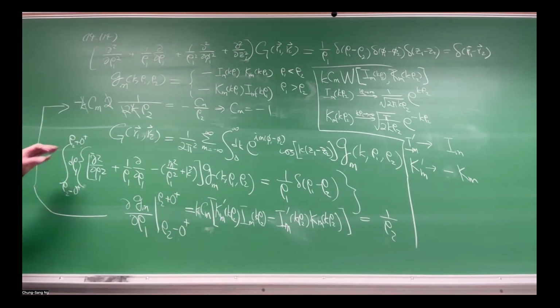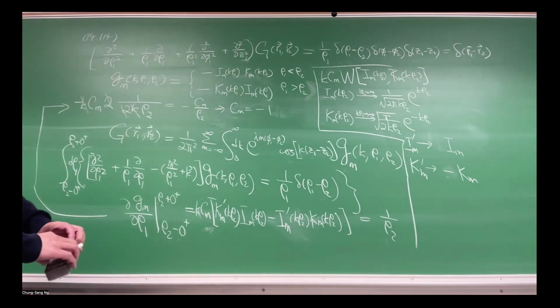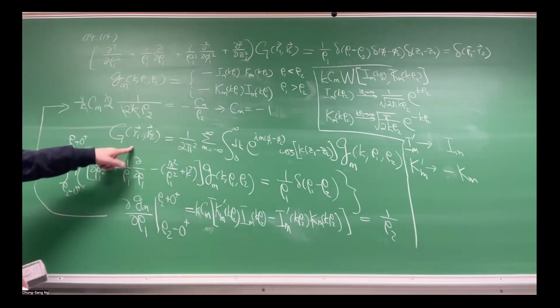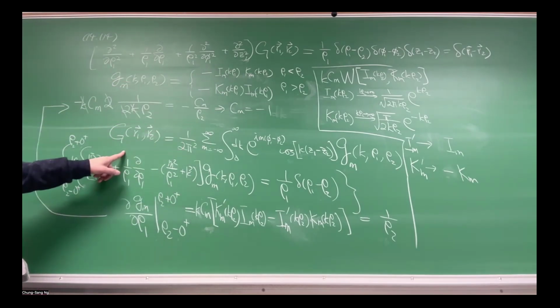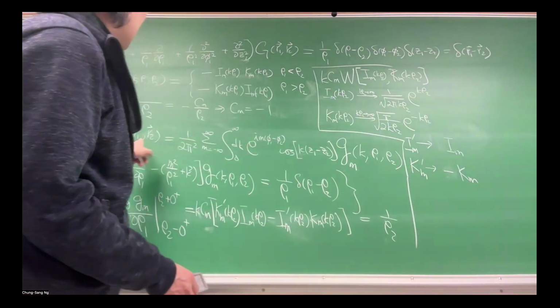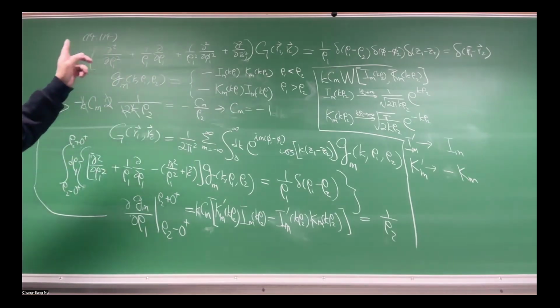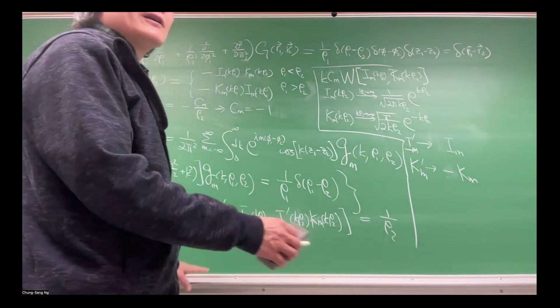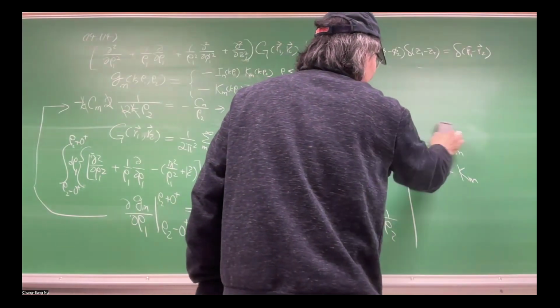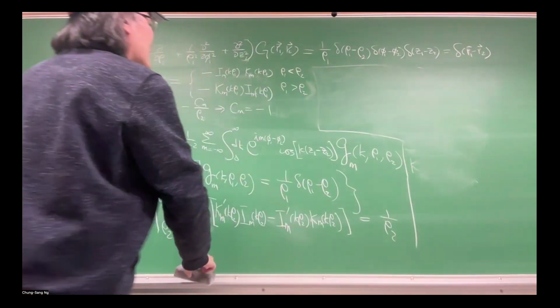That's the form of g sub m, and once you have g sub m, you put it back into this expression for the capital G. You put this into here, then the capital G will be given by this form. So that should be the answer. A little bit long derivation, but it's straightforward.